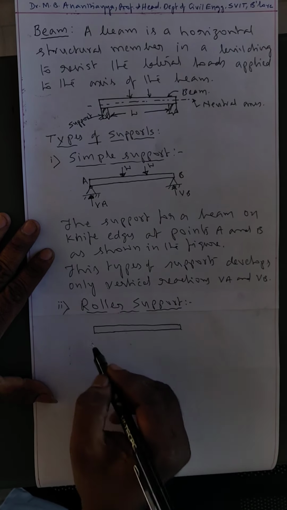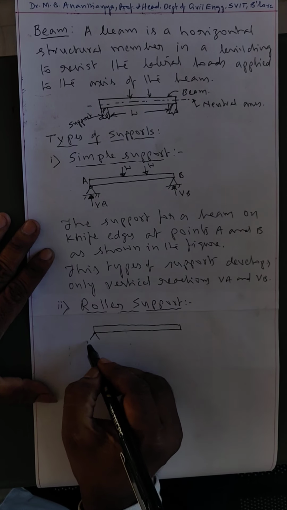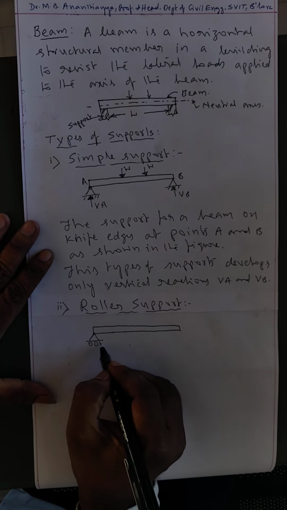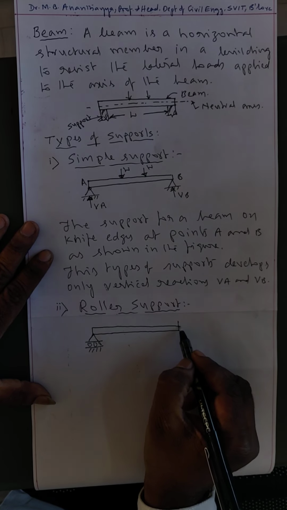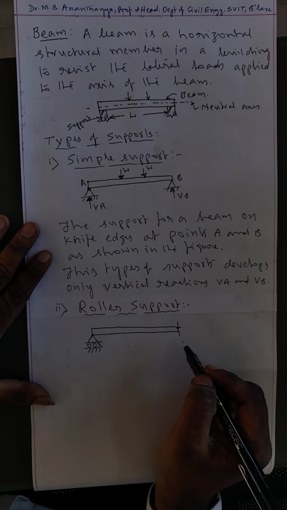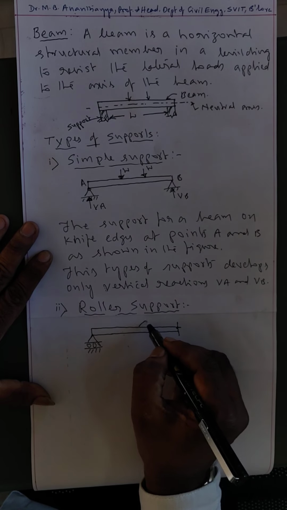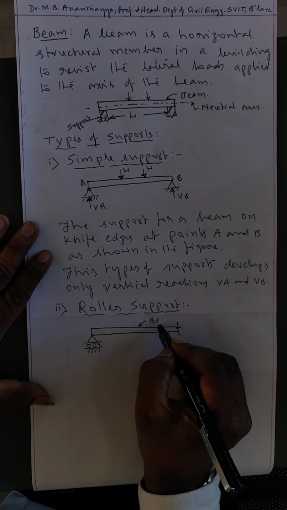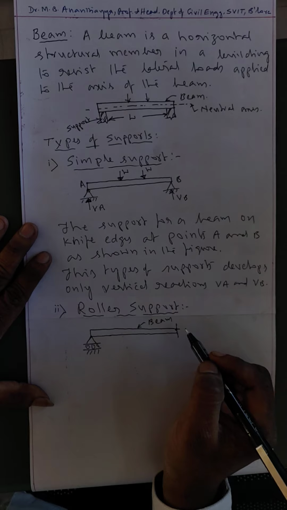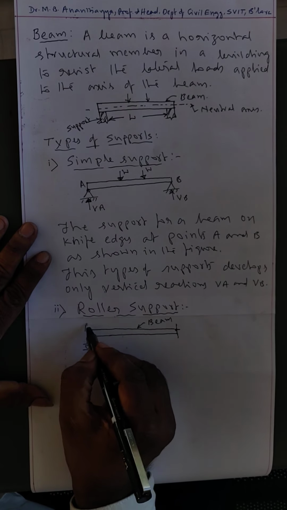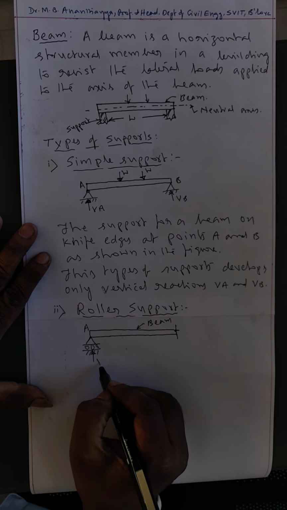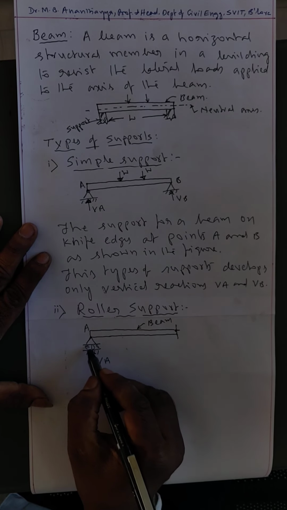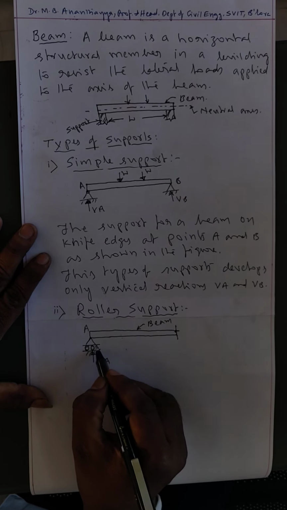Here the support is on a roller. See, this is the roller support. This may be the cut section I am showing here. This is the beam. This point is A. Here the reaction that develops is VA. These are the rollers.